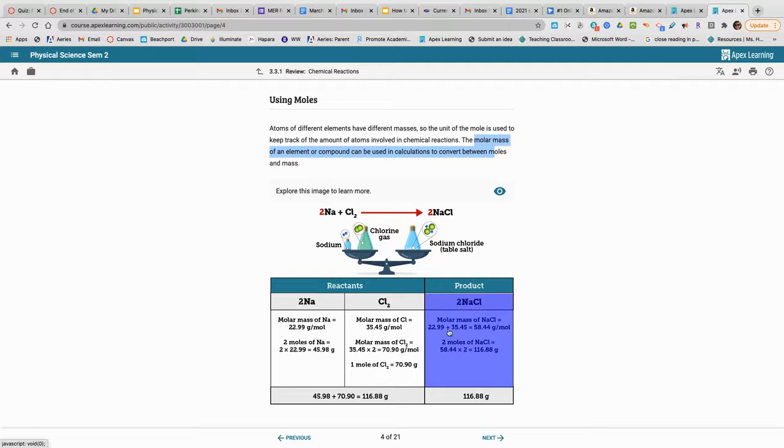And then the products, if you add them up, you will see that you get 116.88. So this table kind of shows you how to balance equations and show that your equation is balanced by showing that the masses on the left side are equal to the masses on the right.